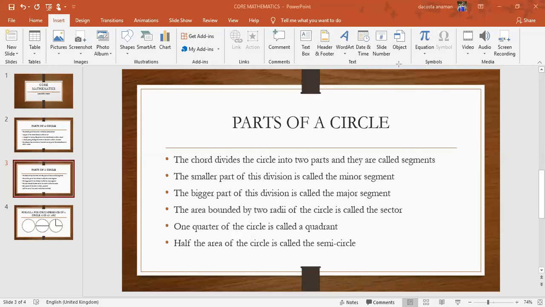So, after knowing this part of the circle, now we have to know the perimeter and the area of a circle, how to calculate for them.